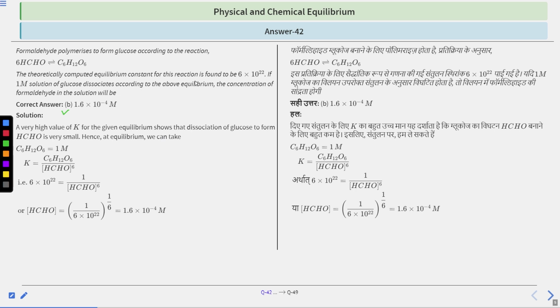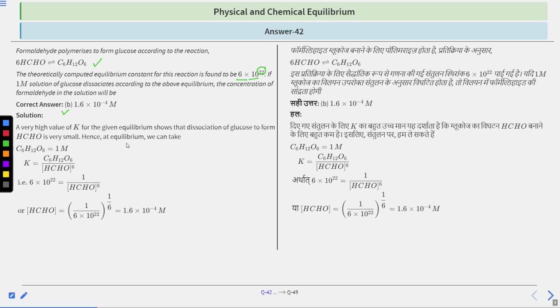You can see that the equilibrium constant for the given reaction is 6 into 10 to the power 22, which is a very high value for K. So it shows that dissociation of glucose to form formaldehyde is very small, because K for that reverse reaction will be much smaller.